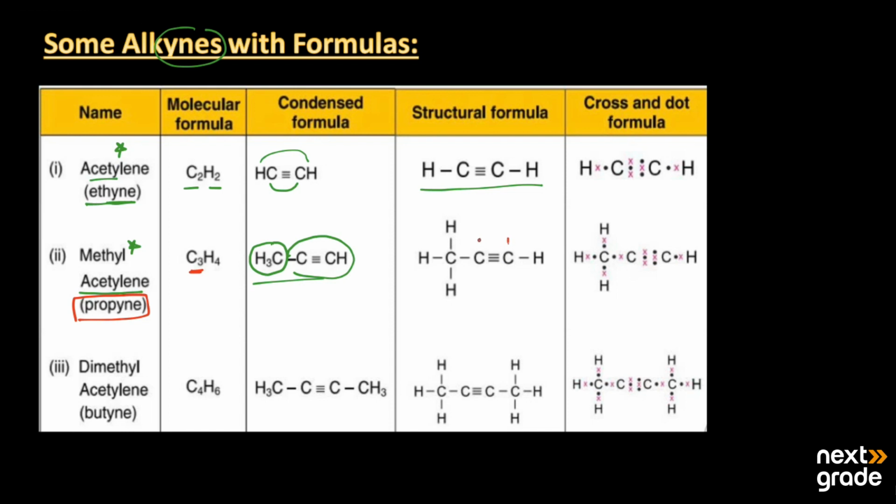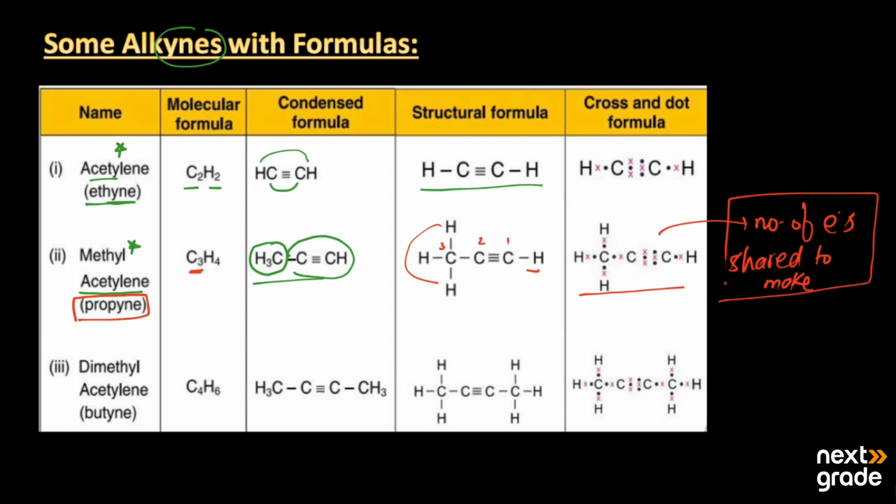First of all, we draw three carbon atoms, then we complete its hydrogens, and this is its electron dot and cross structure, which shows the number of electrons that have been shared to make the bond. So how many electrons have participated in the bonding, we can show by the use of the electron dot and cross structure formula.